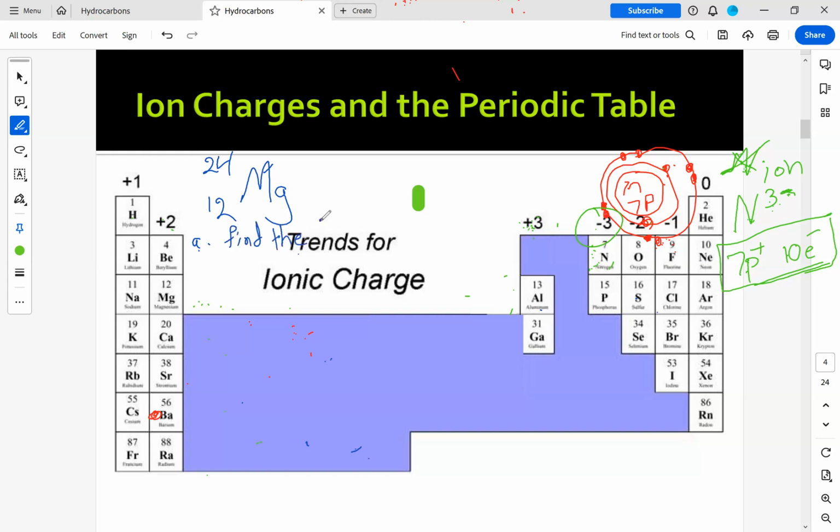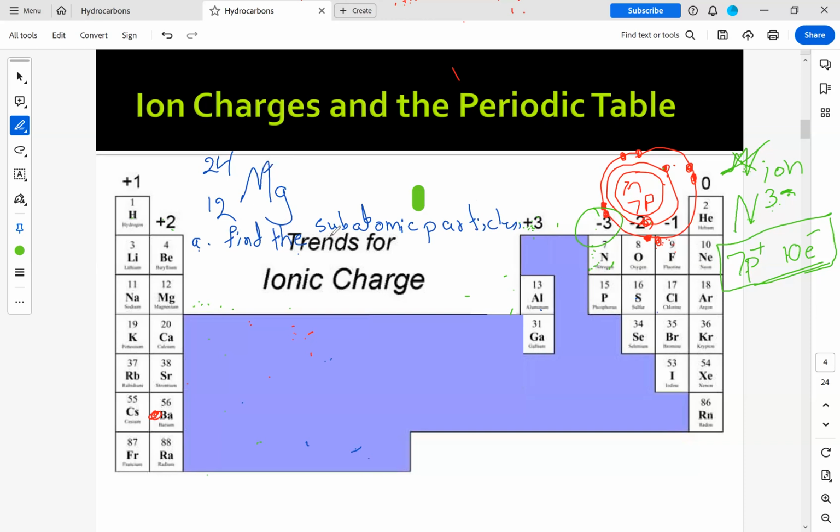When he says find subatomic particles, what does he mean? What are the subatomic particles? Atom is the atom; subatomic means what is inside the atom. What is inside the atom? Proton, neutron, and electron.